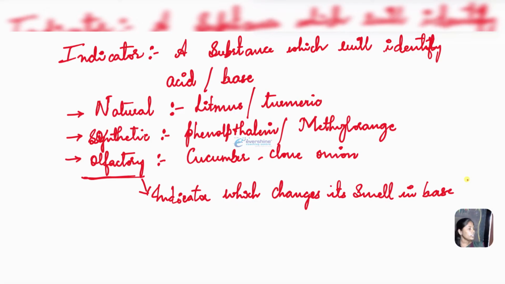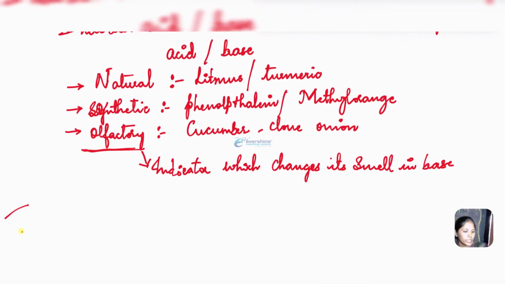Natural indicator means the indicator which we get naturally. Synthetic indicator means the indicators which are prepared in laboratory.